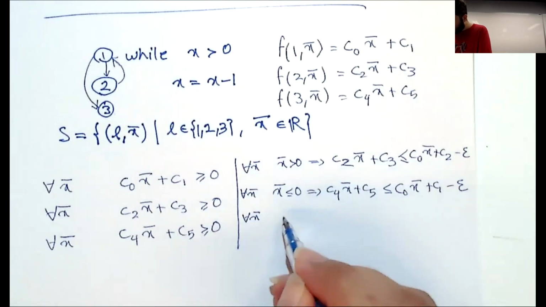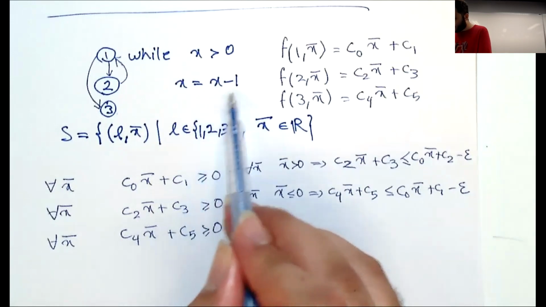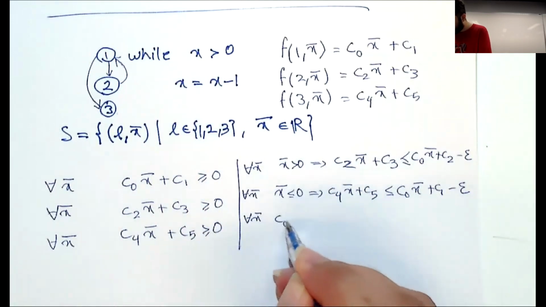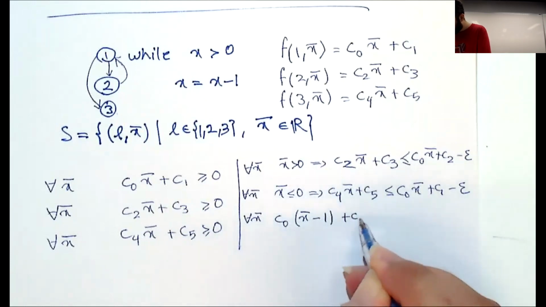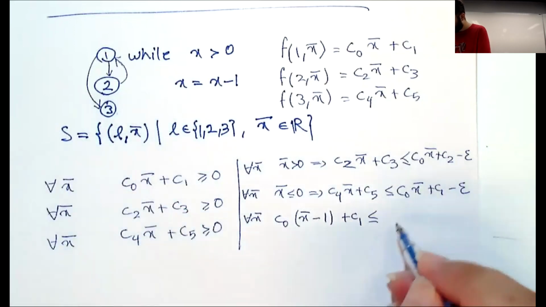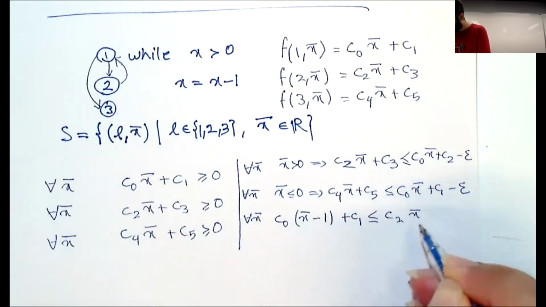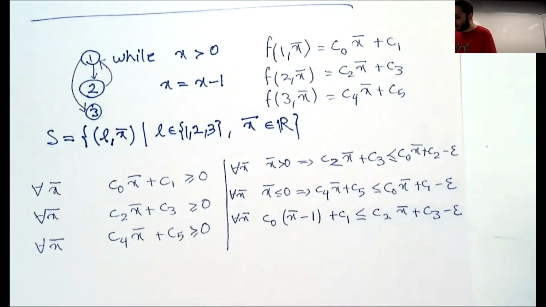It's C0x plus C1, but with the new value of x, which is 1 less than before. So it's actually C0 times x bar minus 1, plus C1. And this should be less than the value that I had at line 2, which was C2 x bar plus C3. And also, as always, I need minus epsilon.